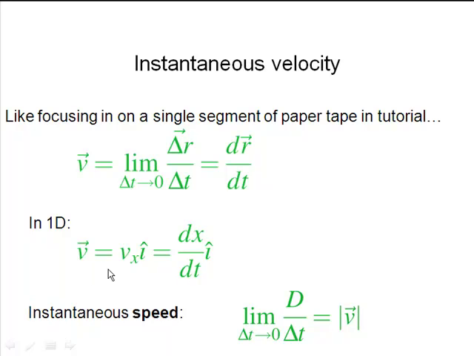It turns out that because over a very short distance you can only travel in one direction, the distance over the change in time in that same limit is just the absolute value of the velocity. So speed is the absolute value of velocity in the instantaneous case. In the average case, not necessarily.